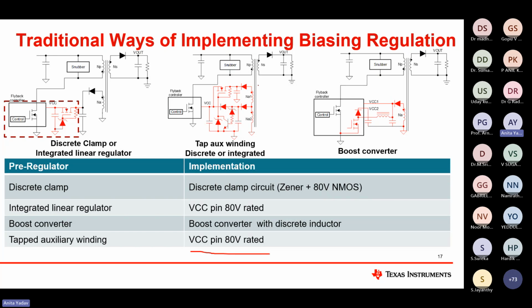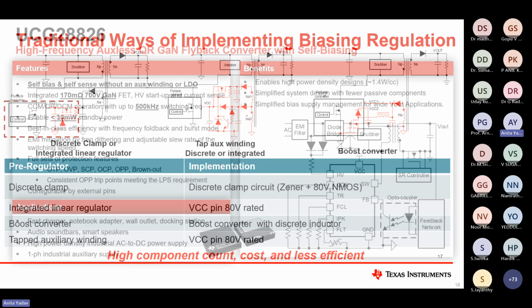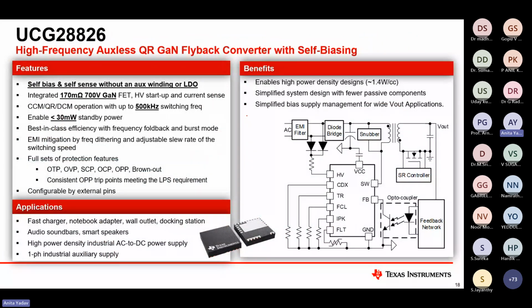As well as that, there are high chances of poor cross regulation between these multiple output windings. So, to conclude, we end up with high component count, high cost, and less efficient circuits.